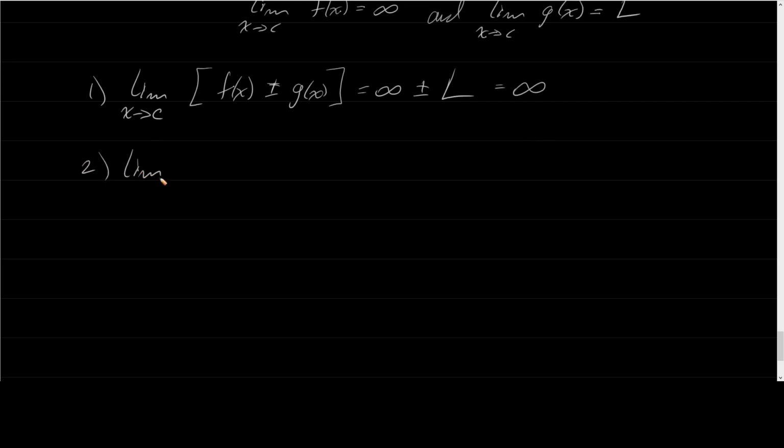If I have the limit as x approaches C of f of x times g of x, well, the limit of f of x is infinity, and the limit of g of x as x approaches C is L. Well, there are a couple of different solutions.